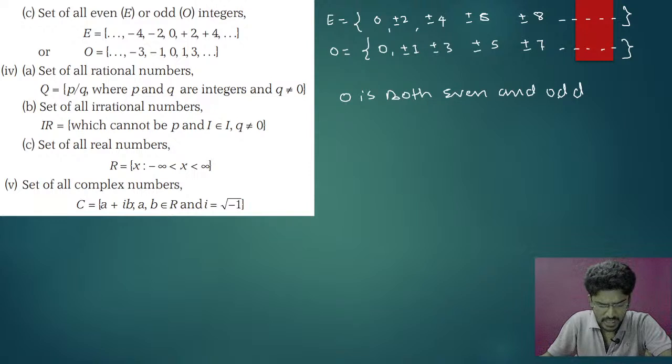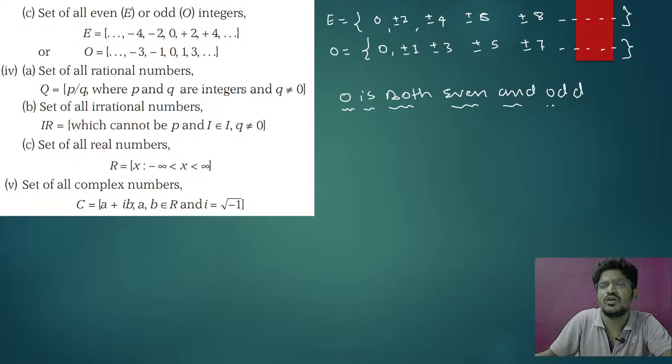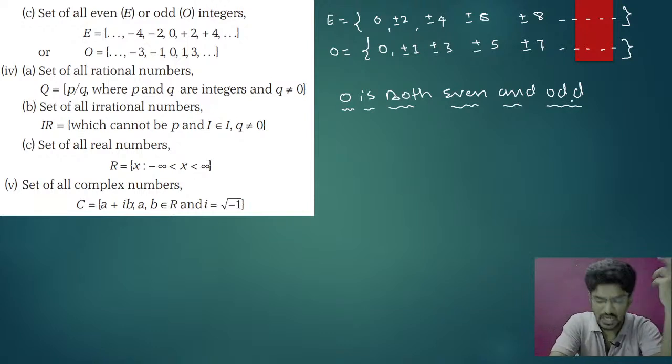Till now, how many know this? That is, 0 is both even and odd. Most of you feel that 0 is only even, or only odd.